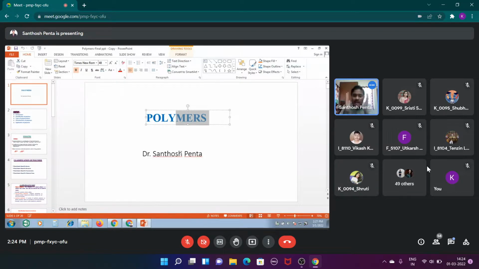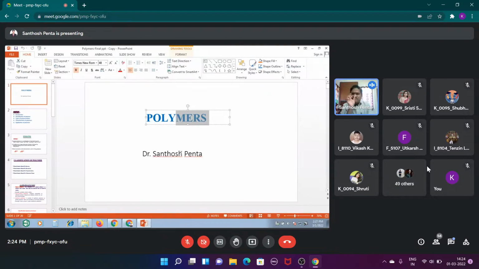That means polymer means many units joined together to produce a bigger molecule. That molecule is called a polymer. Such types of reactions are called polymerization reactions. That's it. Looking at the title only, we can understand.